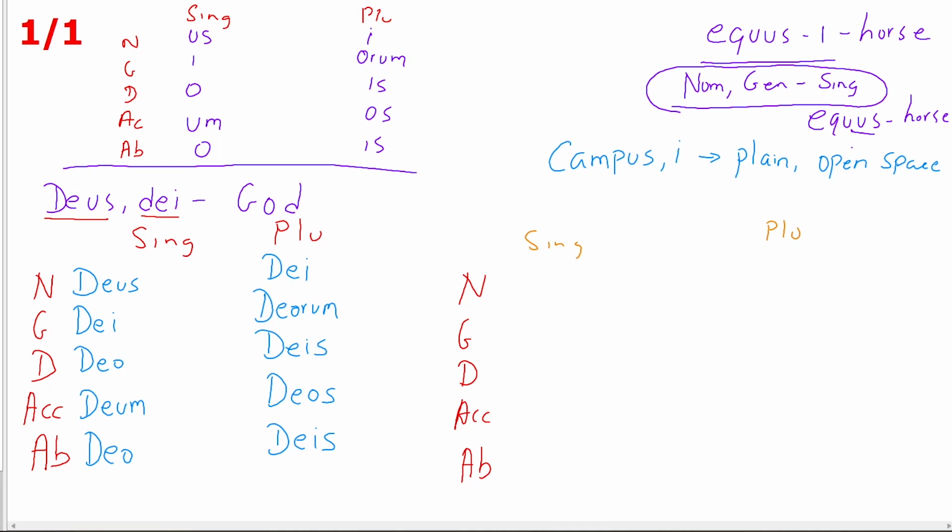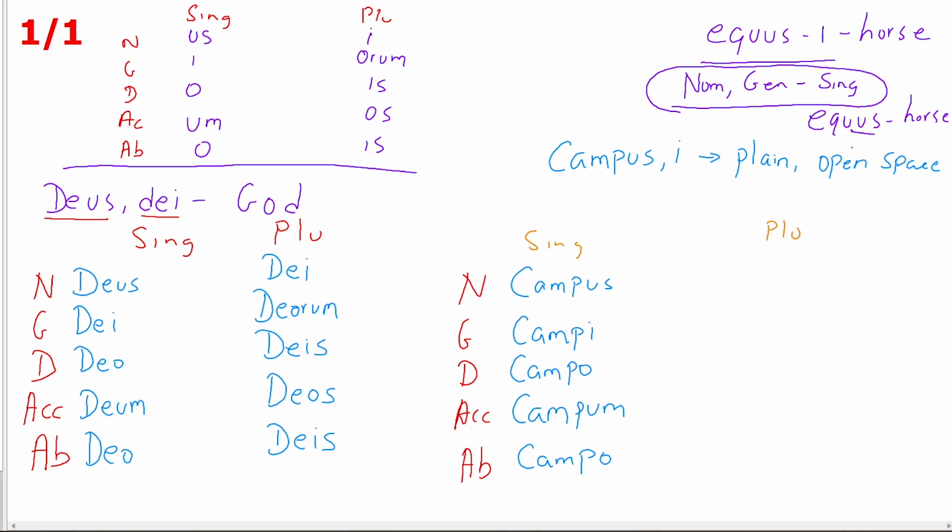Okay, done. So nominative singular would be campus, genitive singular campi, dative singular campo, then accusative singular campum, ablative singular campo.